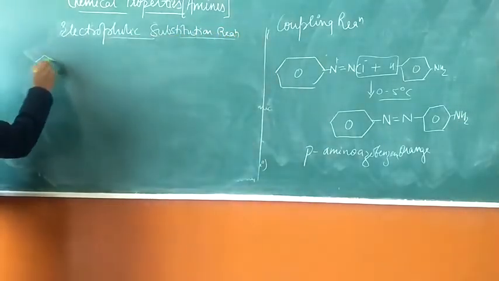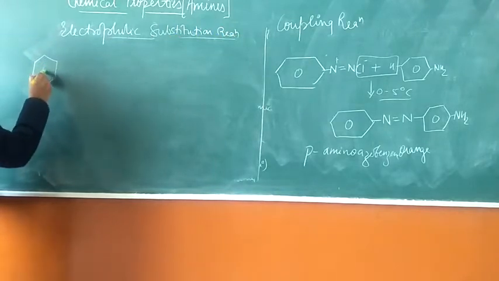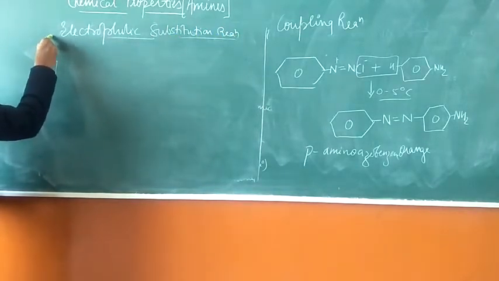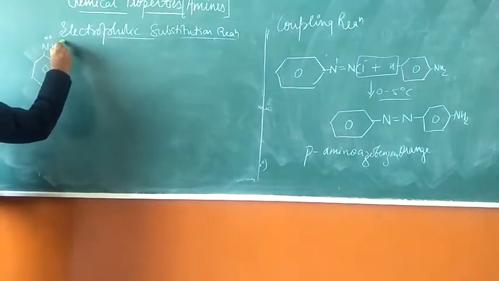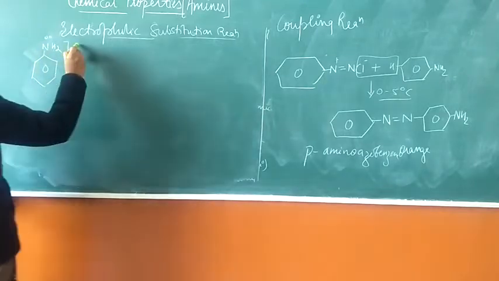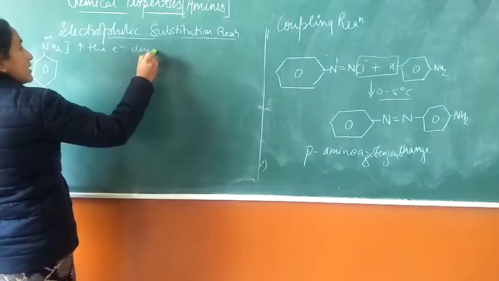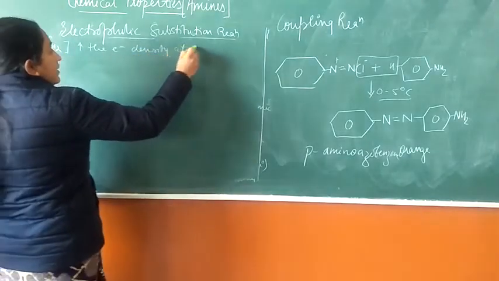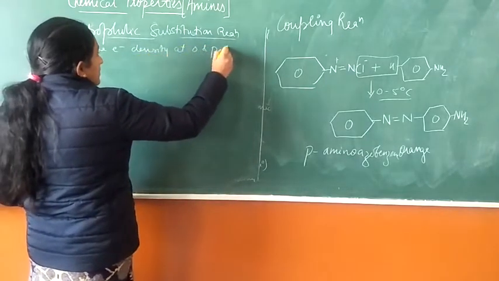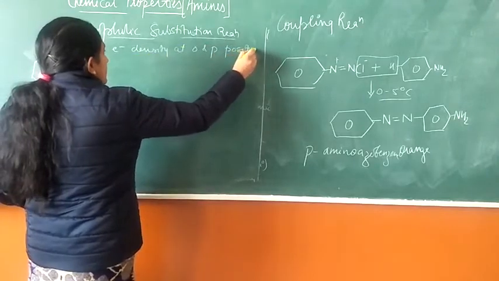In aniline, the NH2 group present here increases the electron density at the ortho and para positions.